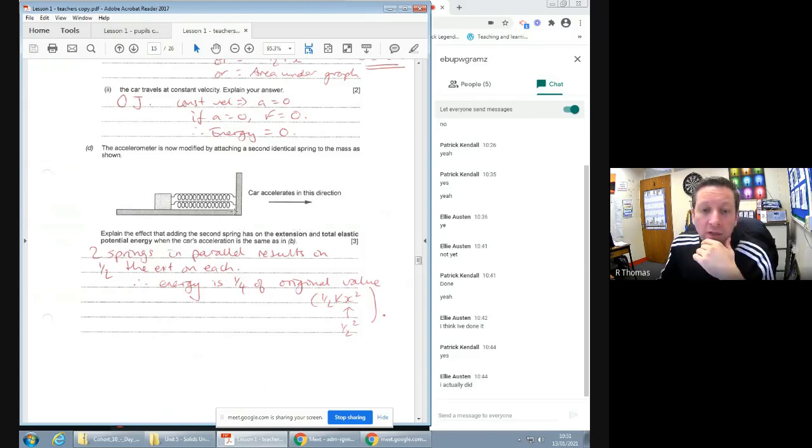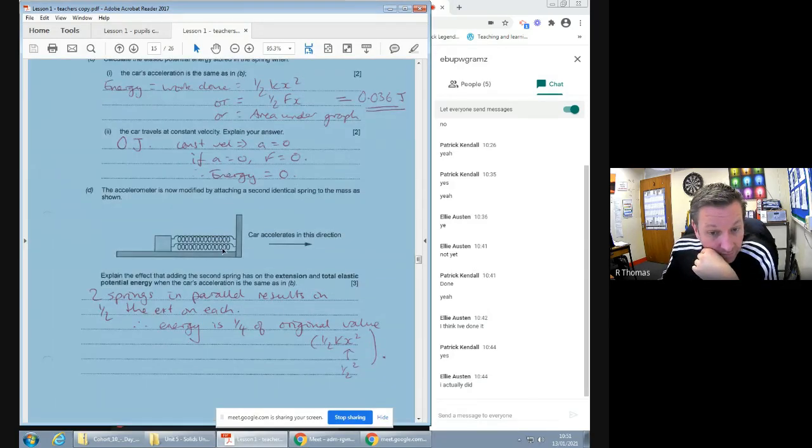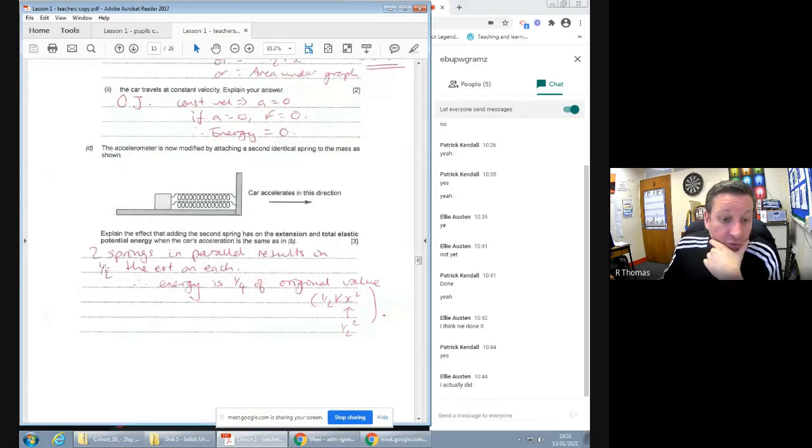But if you go back to this equation here, because the total energy is half times the stiffness constant times the extension squared, the extension squared is a quarter. So the actual total elastic potential energy stored in the spring would be a quarter of the original value, coming from a half kx squared.